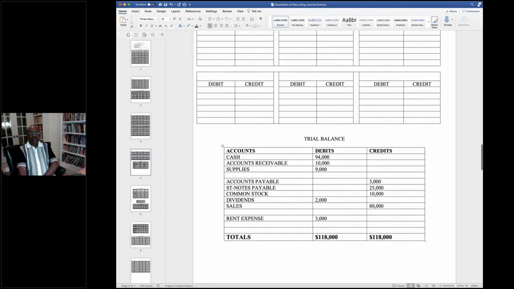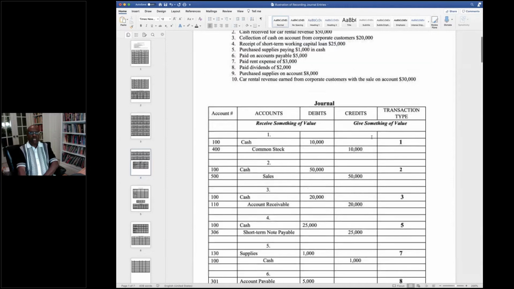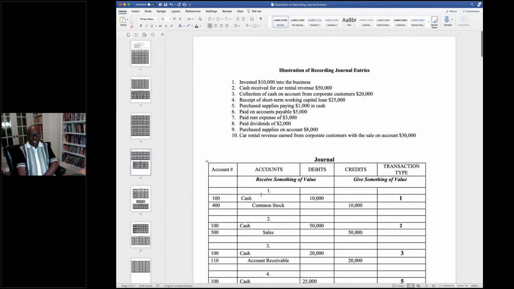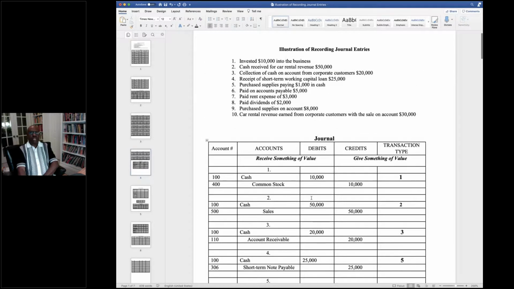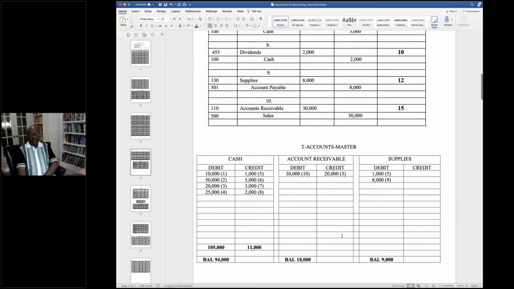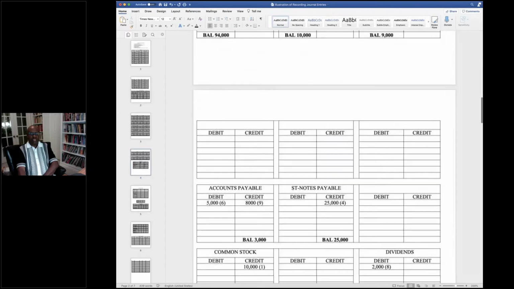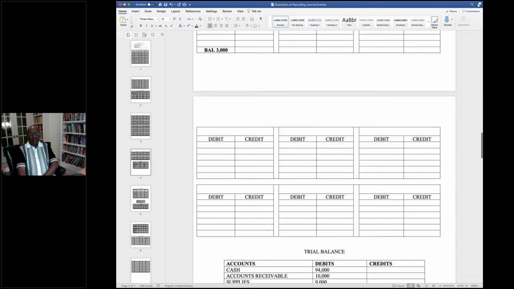But if you can't do these three things, then it's hard to go through the other steps. We analyze the transactions, we journalized them, we posted to the ledger to see how much was in each account for our business.